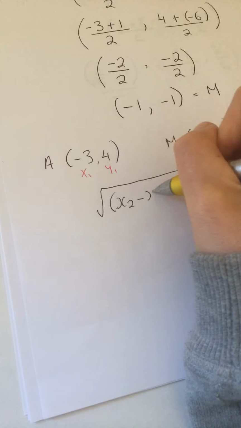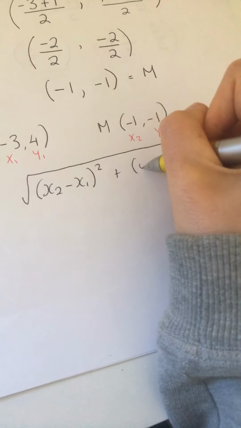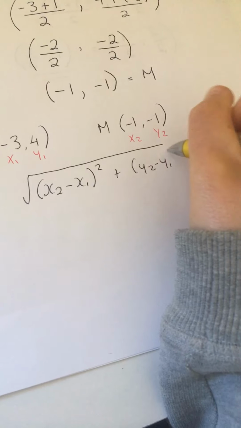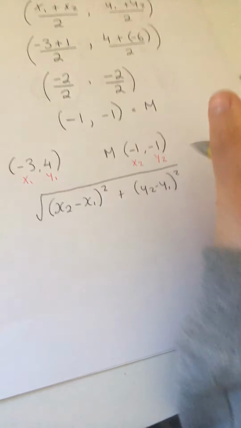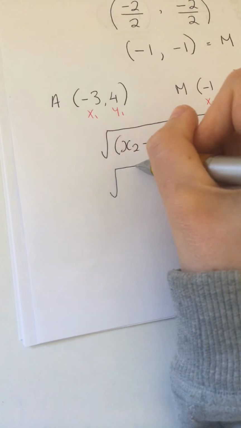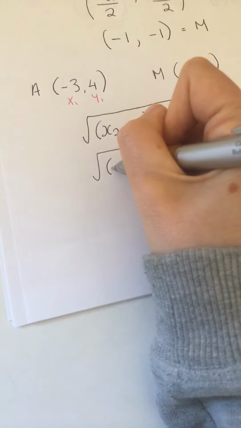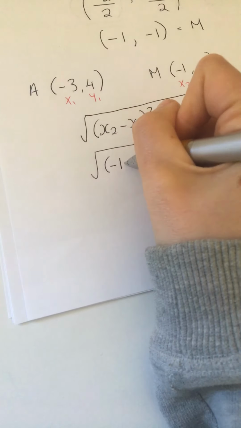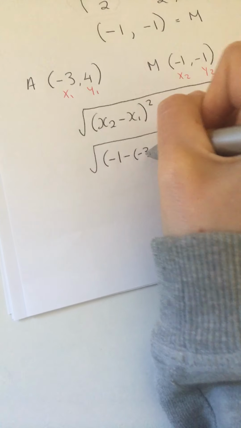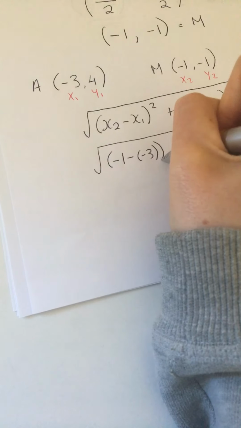The distance is the square root of x2 minus x1 squared plus y2 minus y1 squared. Filling in the formula, x2 is minus 1, x1 is minus 3. So minus 3. Do not fall into the trap there, guys.